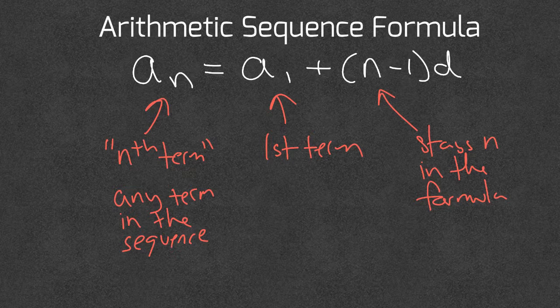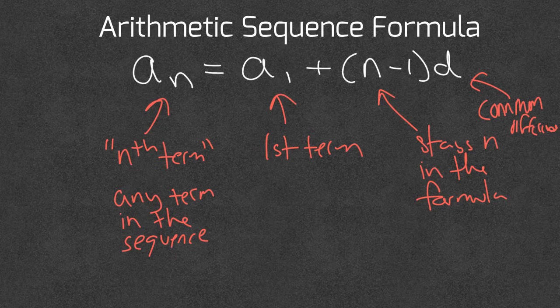And then finally, d stands for the common difference. My stylus isn't working very well right now. So that's the formula. This is something you're going to need to remember, and we're going to use it over and over again. So let's try a few examples.